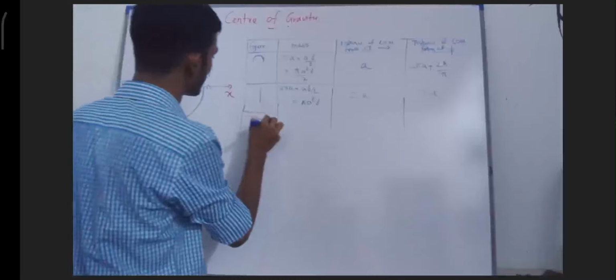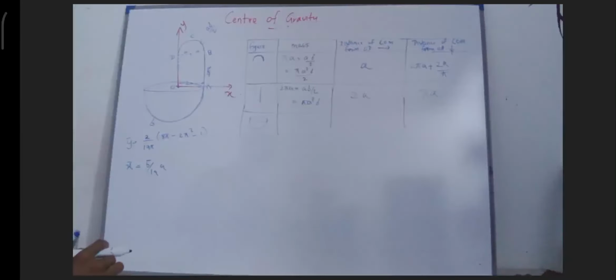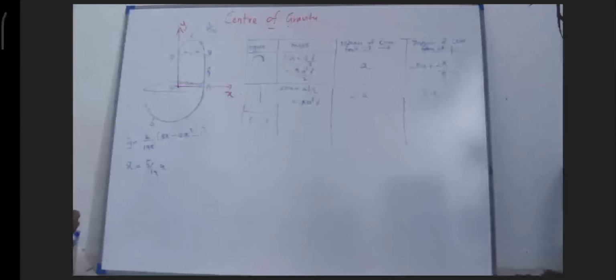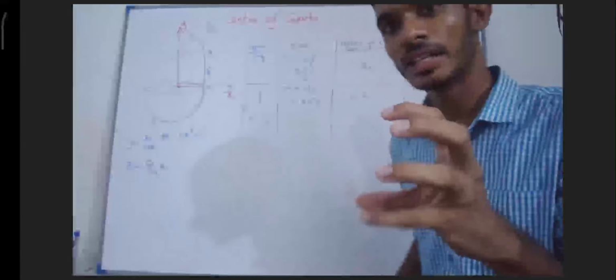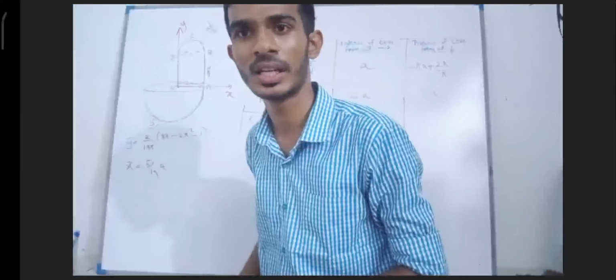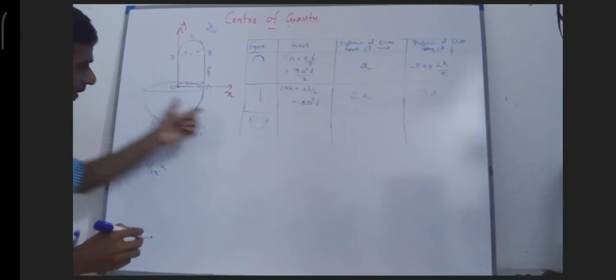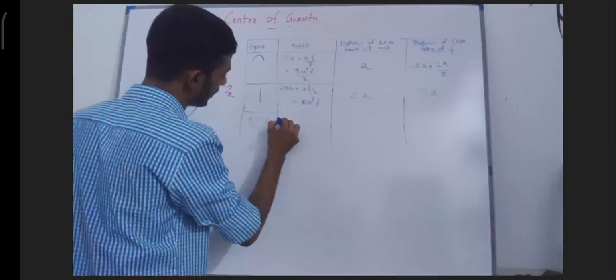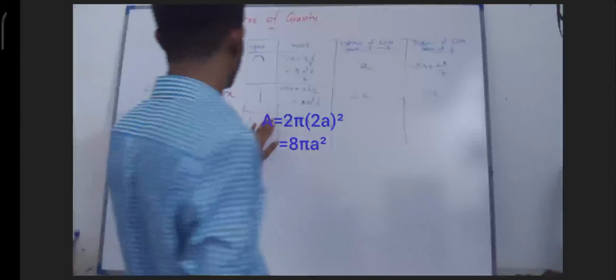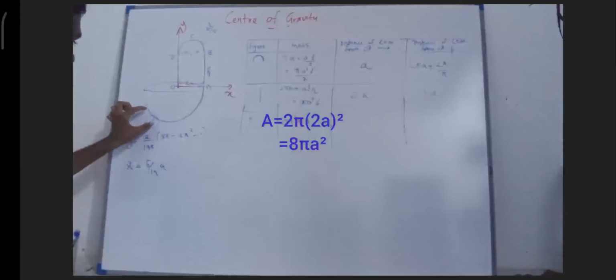Now I will take this hemispherical shell. For a sphere the area is 4 pi r square, and we have been given the mass per unit area, sigma. The area of this hemisphere is 2 pi r square, and with radius 2a the area is 8 pi a square.